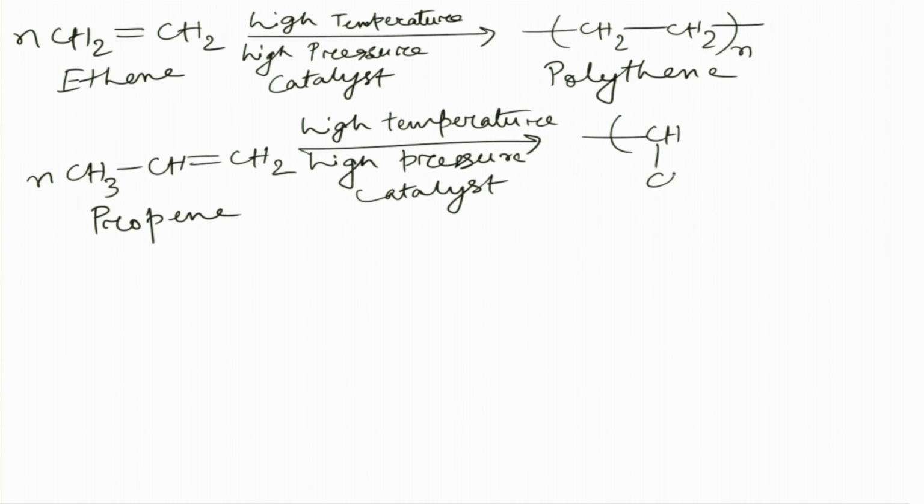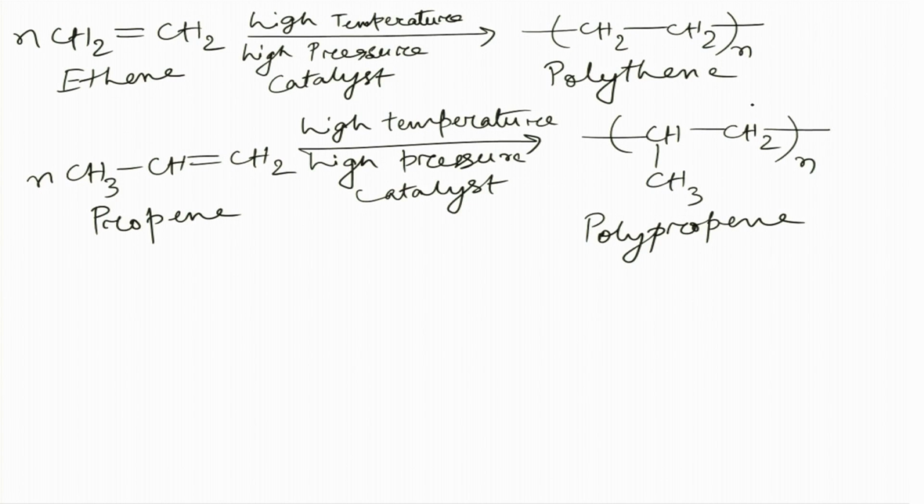So, this methyl group will remain intact. It happens like this. The chain elongates along the carbons having the double bonds. So, this one is polypropene. Okay. So, these are polymers.